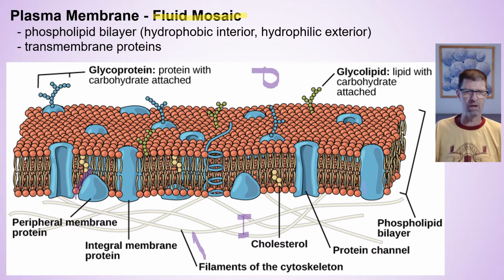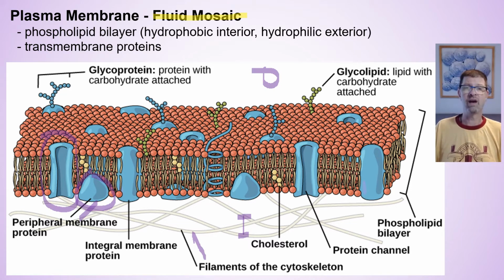Some of them are on one side of the membrane, and some of them go all the way through. And I mentioned that those ones that go all the way through are called transmembrane proteins, as opposed to these ones on one side right here. That's called a peripheral membrane protein. So some of them are on the outside, and some of them are on the inside. And together we call this the fluid mosaic model of membrane structure.